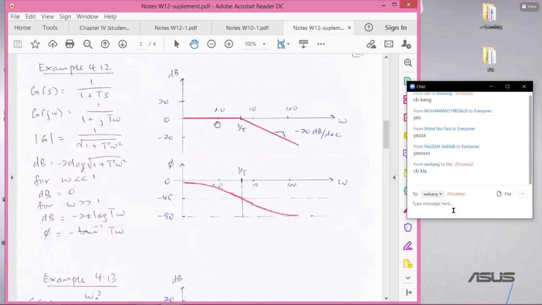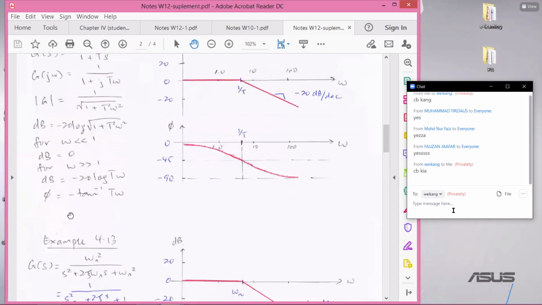T is your time constant, and your phase angle at omega equal 1 over t: t multiplied by 1 over t is 1, arctangent of 1 is 45 degrees. When omega is 0, phase angle is 0. When omega is large, this is going to be very large, so the phase angle is negative 90.